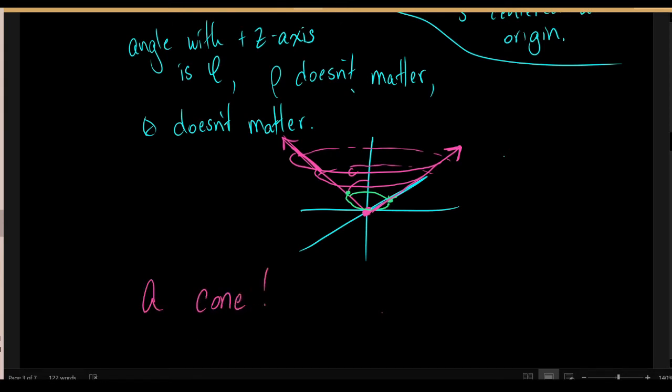Phi equals constant corresponds to a cone. The wideness of that cone depends on how large your angle phi is. If phi is small, then the cone is going to be quite narrow and close to the positive z-axis. If phi is equal to a very large number, something that's close to 90 degrees, then the cone is going to be incredibly wide, almost planar.